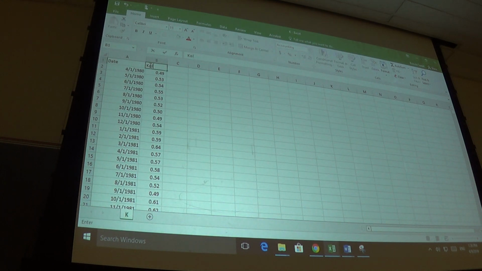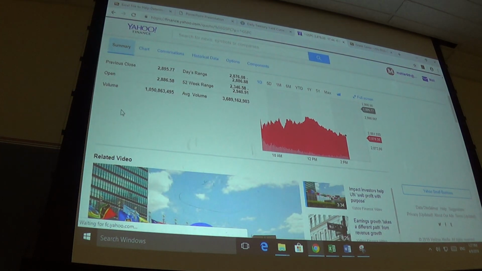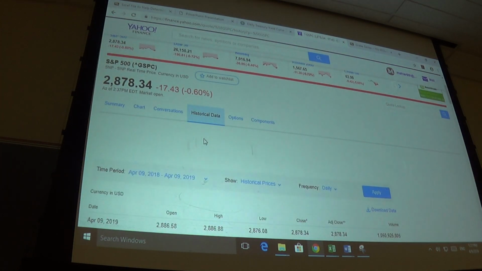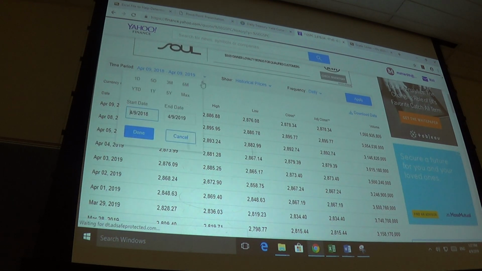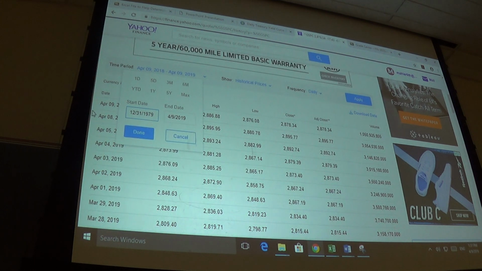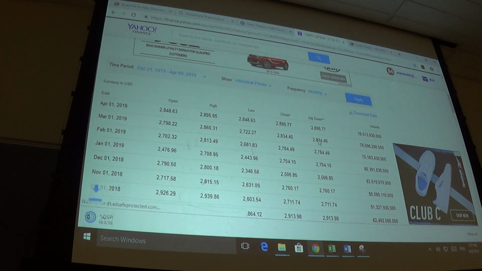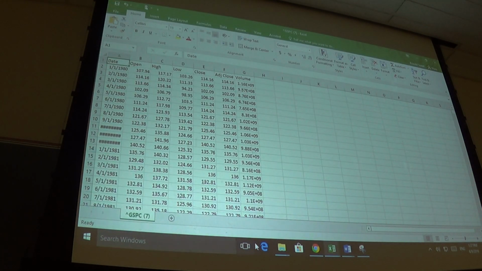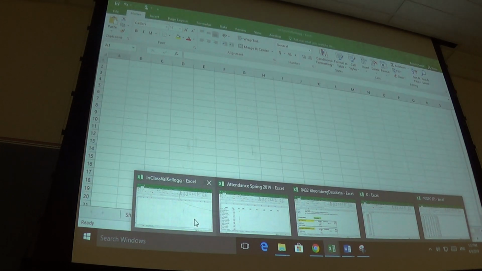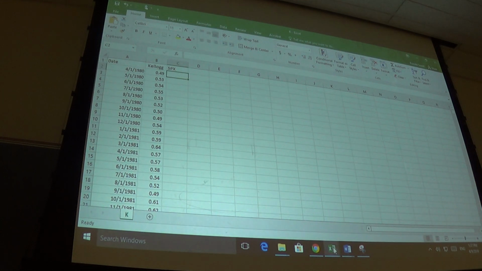So there's Kellogg's. So I'll do the S&P 500 next. So click on the S&P 500, historical data. I'm not going to do the max here. I'll do 12/31/1979, monthly. All right, where did I start Kellogg's? Let's see. $4,180.